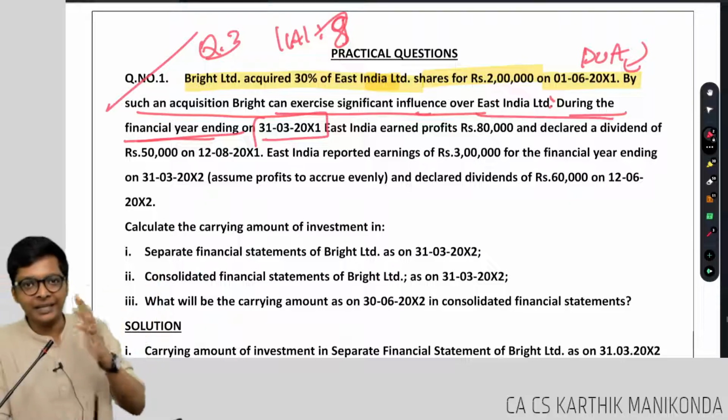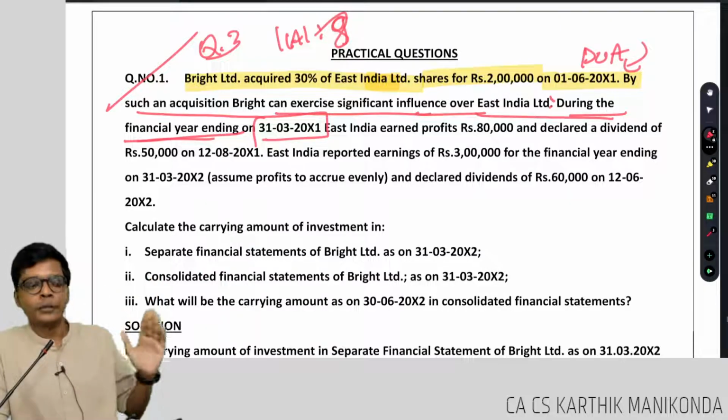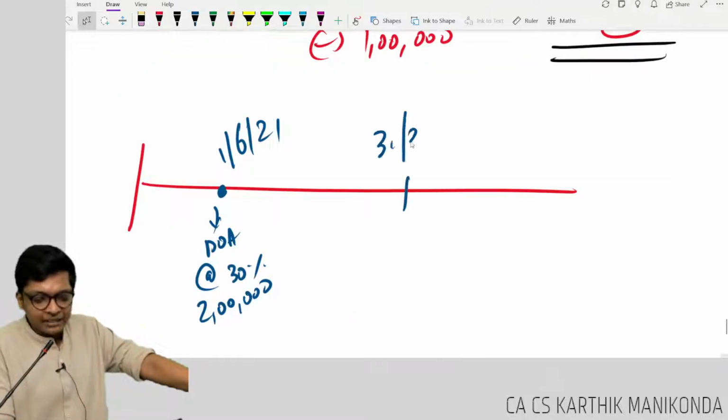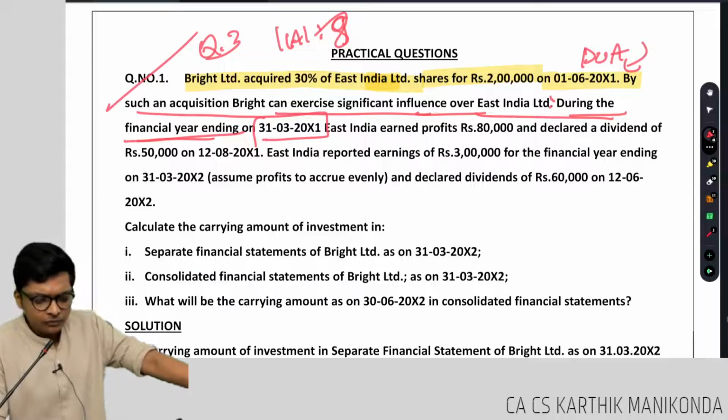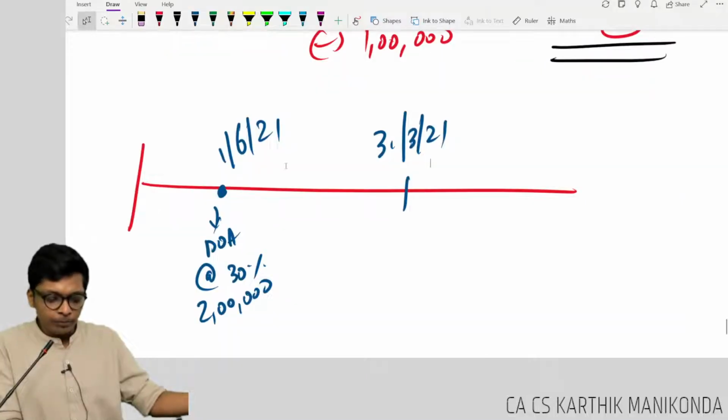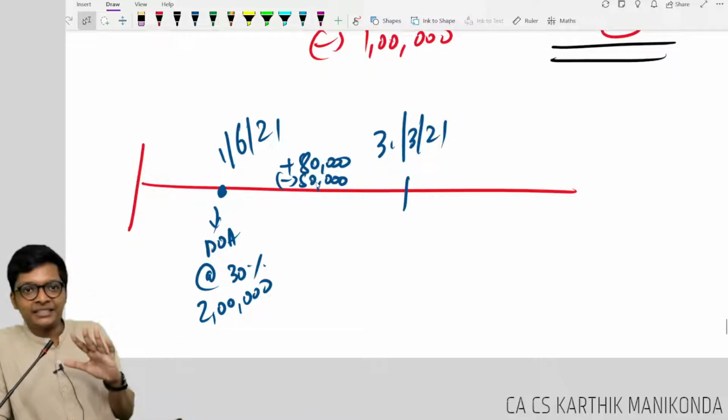Always if you draw the timeline, at least mentally, you will be sorted with the facts. Then during the financial year ending 31st March 21, they earned profits of 80,000 and declared dividend of 50,000. So profits this year is 80 minus dividend is 50,000. Declared is different. Declared means I will receive it. Proposed only we will not take it.